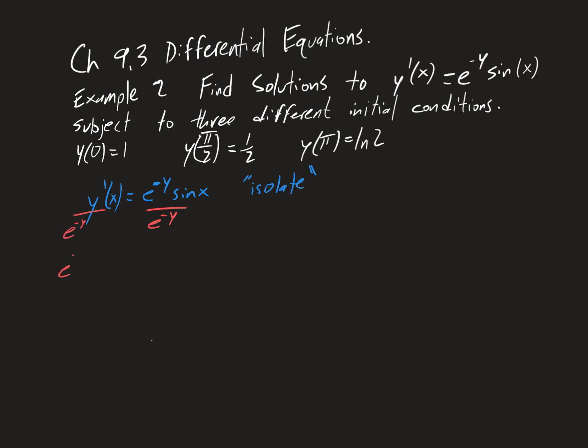Okay, e to the y power becomes positive at the top of the fraction. And then I'm going to replace my y prime here with a different notation that's a little more helpful. So I'm going to rewrite this as dy over dx. Okay, and that's just to make this next step a little bit simpler. Okay, and that's going to equal sine x.